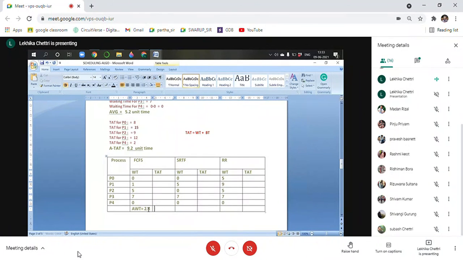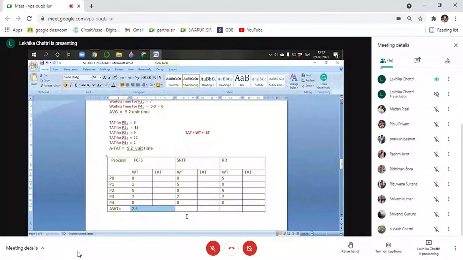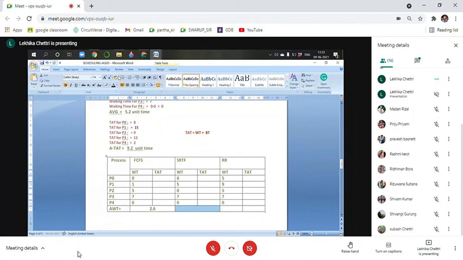What we will do is keep only the average waiting time. Let's merge it, center. So I've got 2.6 for FCFS, 2.4 for SRTF, and 5.2 for round robin.